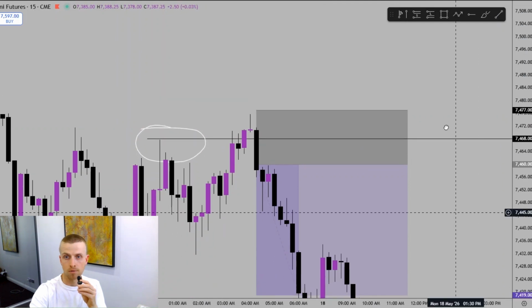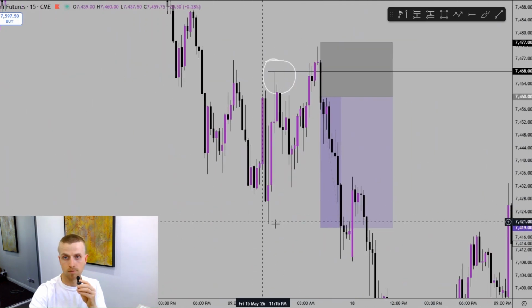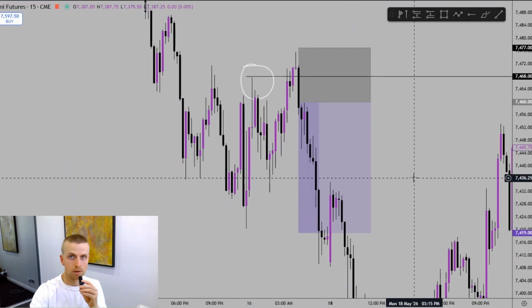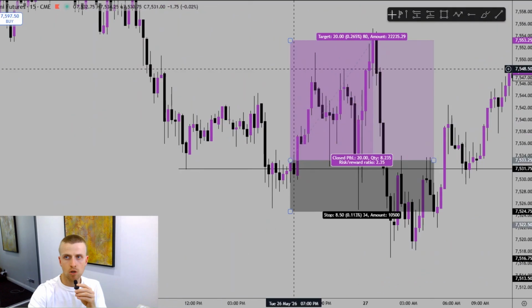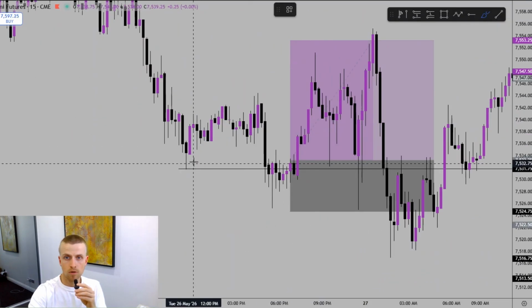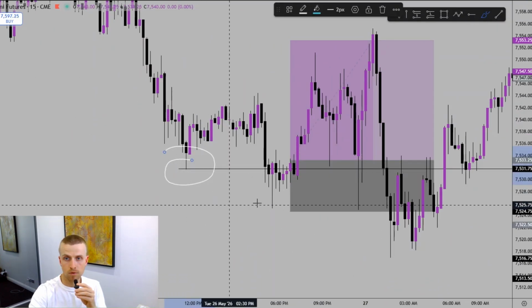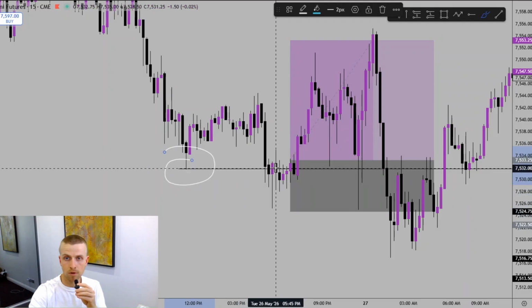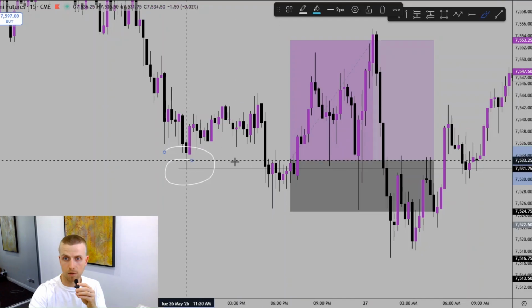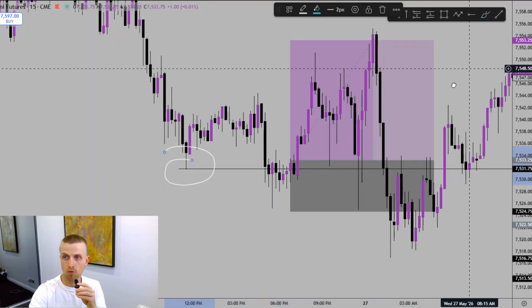And you're targeting previous lows. In the bullish case scenario, you are sweeping a level, looking for the bullish candle, so long wick, small body, closing back above that level and targeting previous highs.